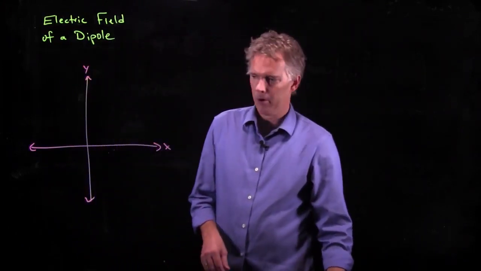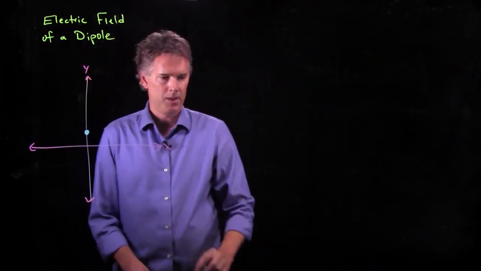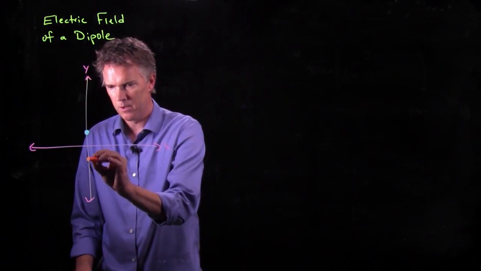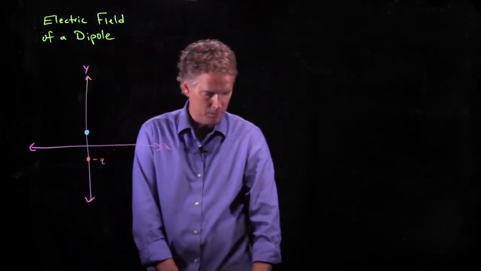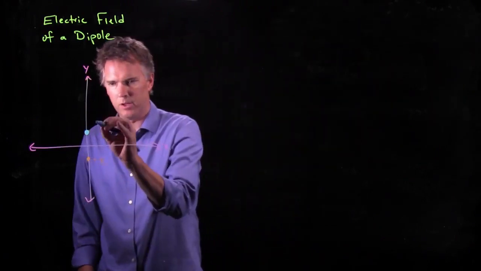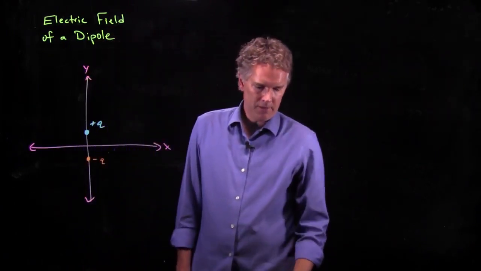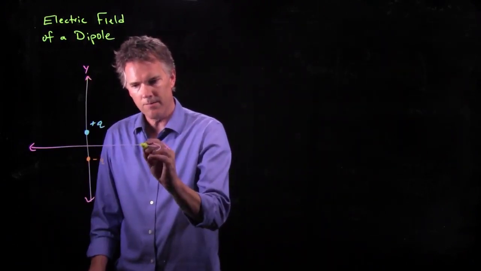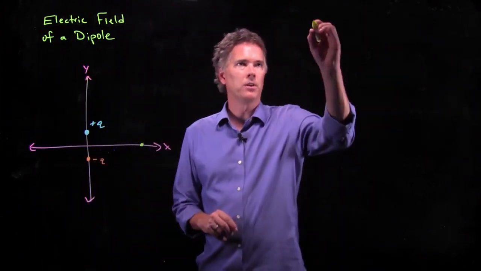So like we did before, we had a blue positive charge right there, and we had an orange negative charge right there. Okay, so this was negative Q, and this one up here was positive Q. Okay. Let's say we want to calculate the electric field right here at this position X. How are we going to calculate that?